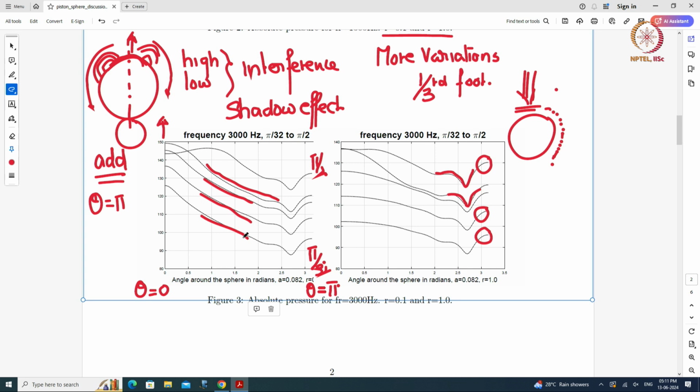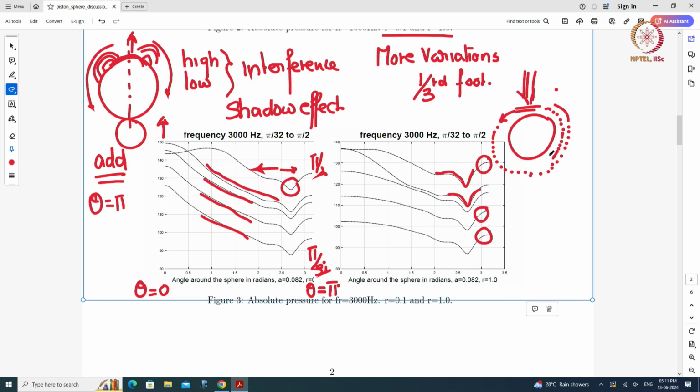Now there is a dip that is happening. In the 1000 case the dip was a little more to the left. In the 3000 case the dip is moving towards the right. The dip is because now you have waves moving symmetrically on both sides. They come and they are in phase here because there is a point of symmetry.